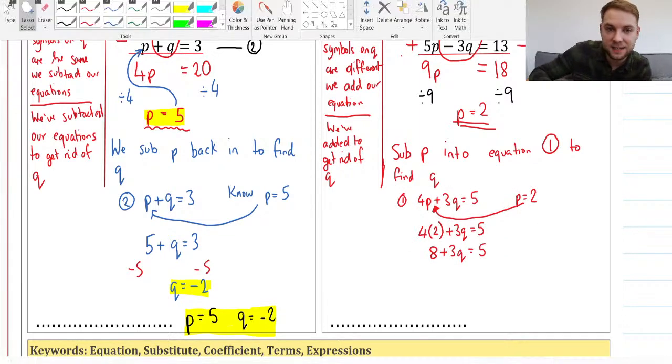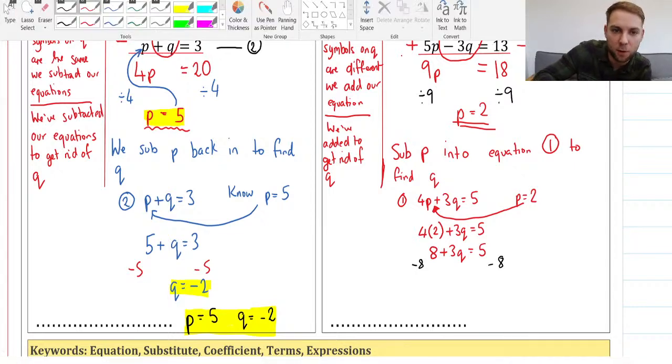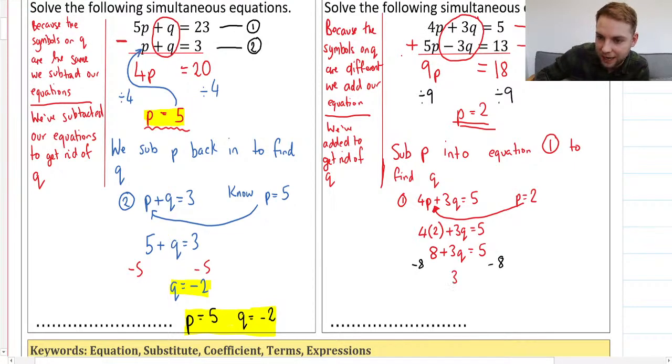The next stage I need to subtract 8. If I subtract 8 from both sides, I end up with 3q is equal to minus 3. And then I need to divide both sides by 3. Now, negative 3 divided by 3 is equal to negative 1.